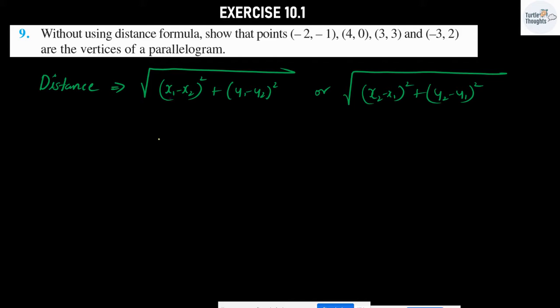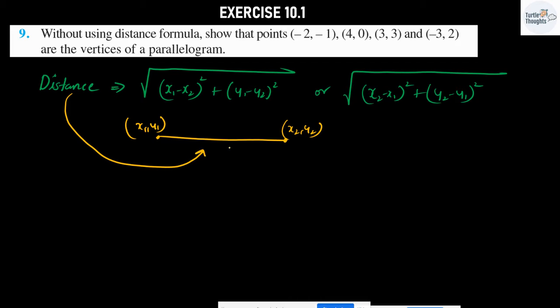So this will be the distance if we have 2 points which are given by x1 y1 and x2 y2. If this is the case, then the distance will be given by this formula, right? Now I have to prove that these points are the vertices of a parallelogram.